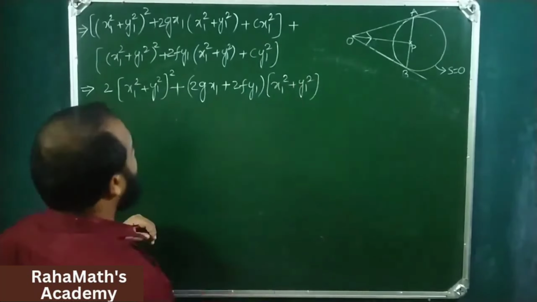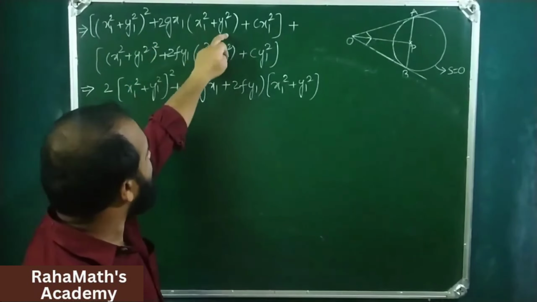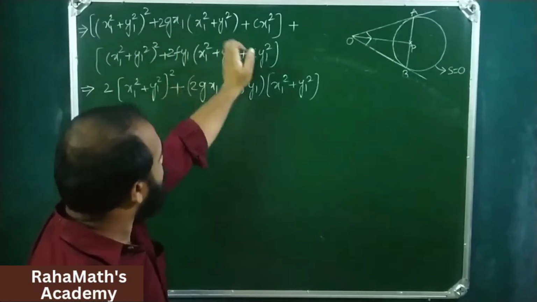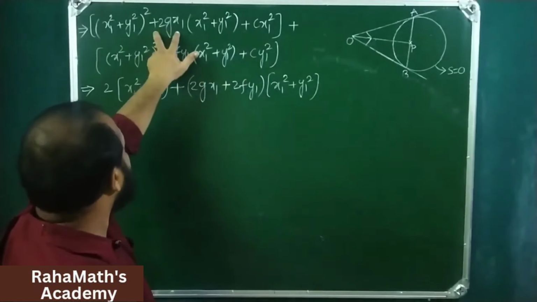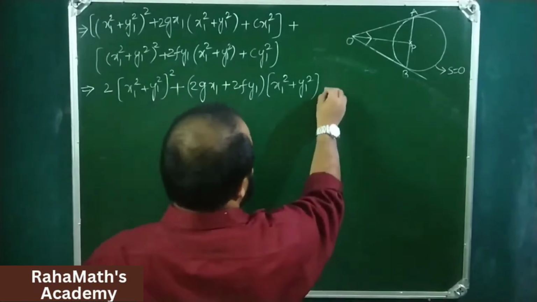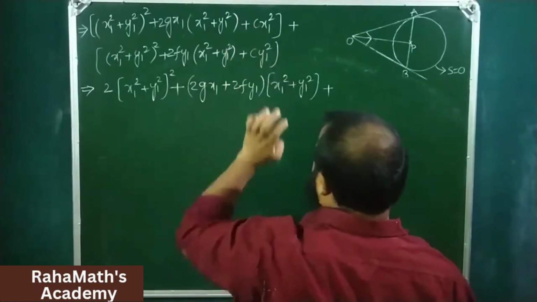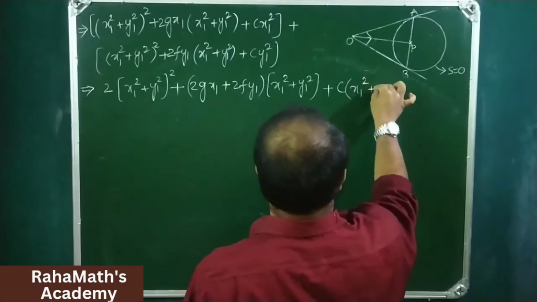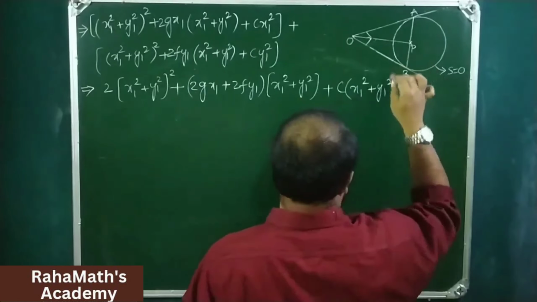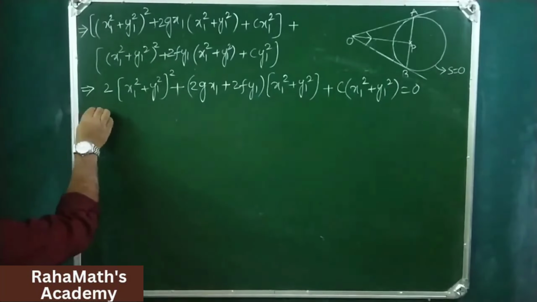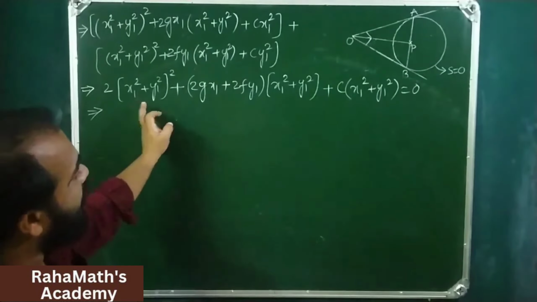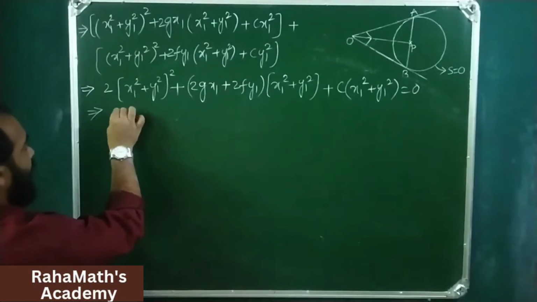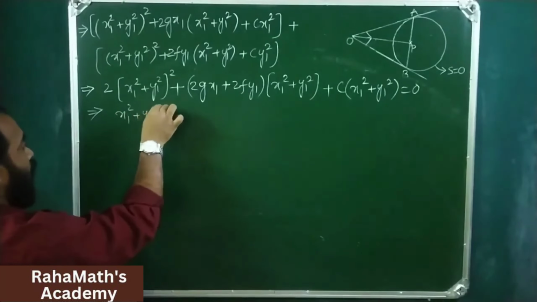And I have just taken x1 square plus y1 square common in both of these terms. So x1 square plus y1 square I have taken common. I am left with 2gx1 plus 2fy1 plus cx1 square plus cy1 square. Take c in common. Then x1 square plus y1 square is equals to 0 I got. Now can I take x1 square plus y1 square as common throughout this equation? Take x1 square plus y1 square common.